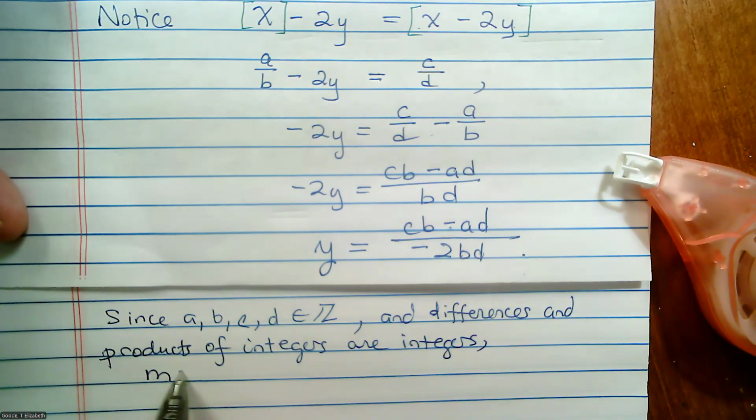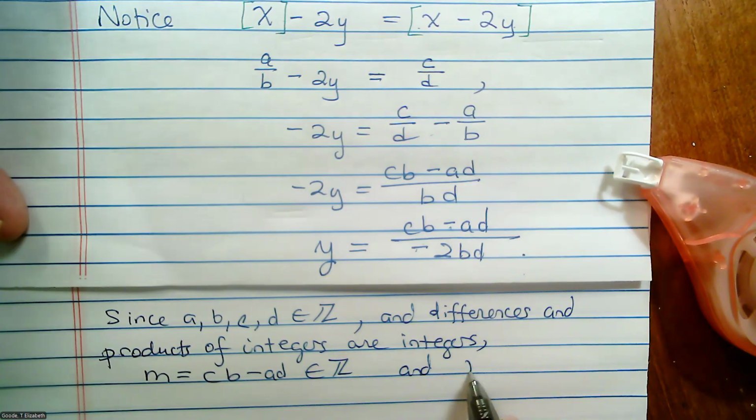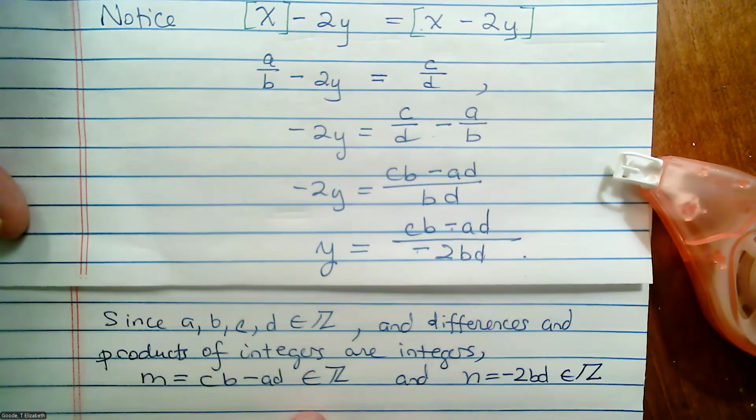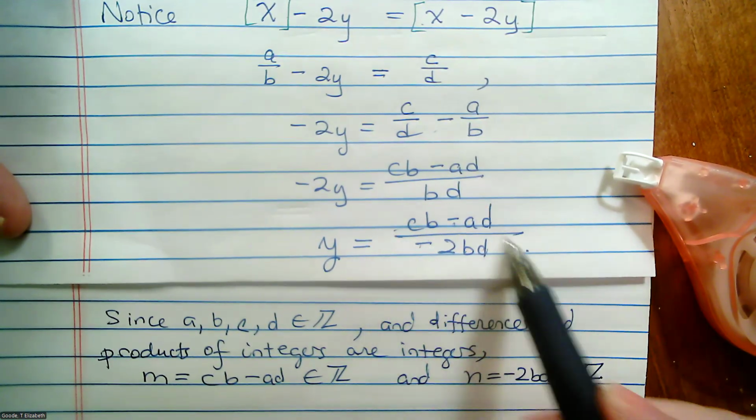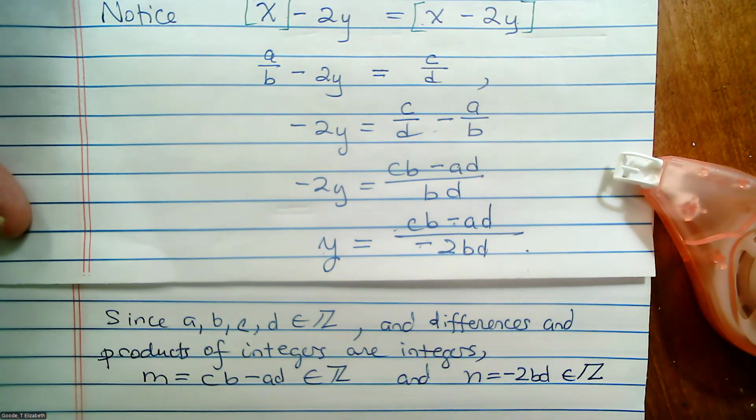We can call the top m equals cb minus ad, which is in Z, and the bottom we can call n, which is -2bd, in Z. So both the numerator and denominator of y are integers.